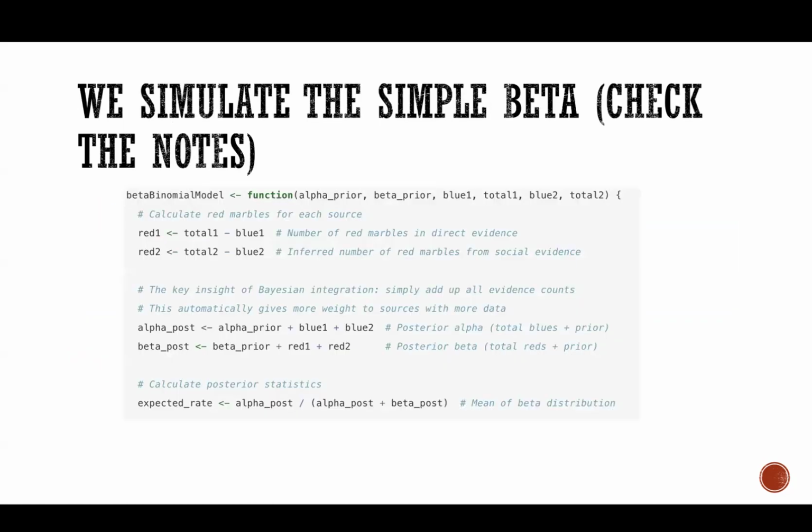We simulate the simple beta, right? How do we do it? Well, we have a function, as usual, that has a beta prior and an alpha prior, so the beliefs before seeing the data. It has a blue one, which here it should be red, right? But how many blue marbles out of the 8? We have a total.